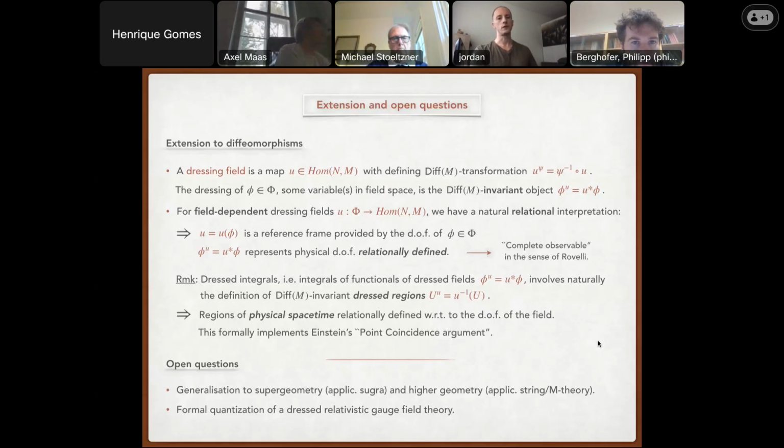So that would be the two-faced coin. The philosophical, ontological face is the relational definition and evolution of the degrees of freedom, and on the technical face, this is implemented mathematically by requiring those symmetries.